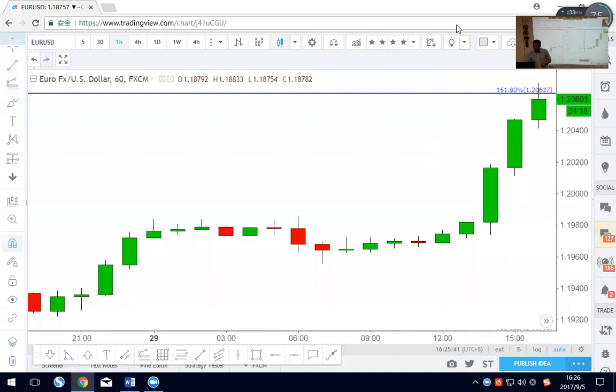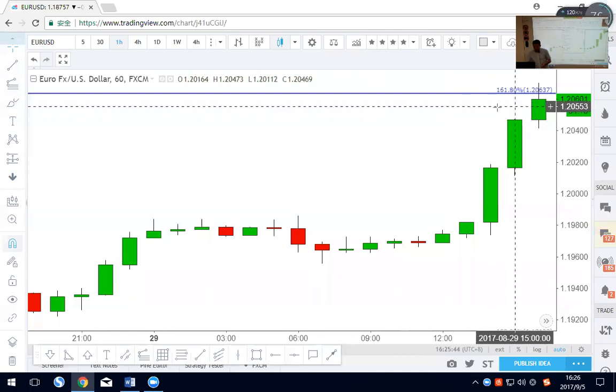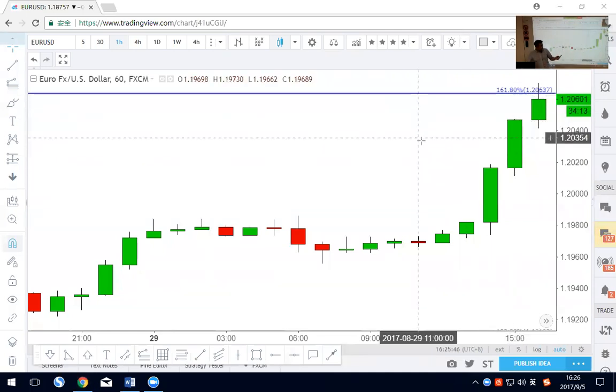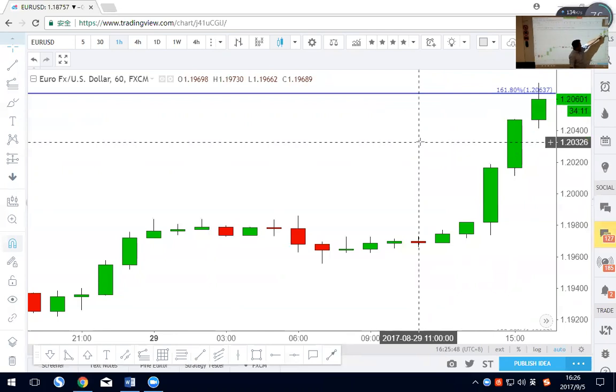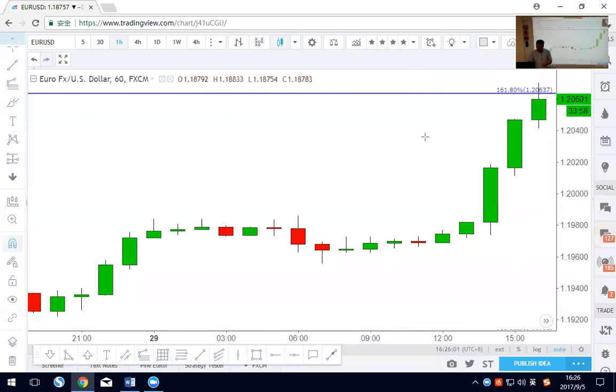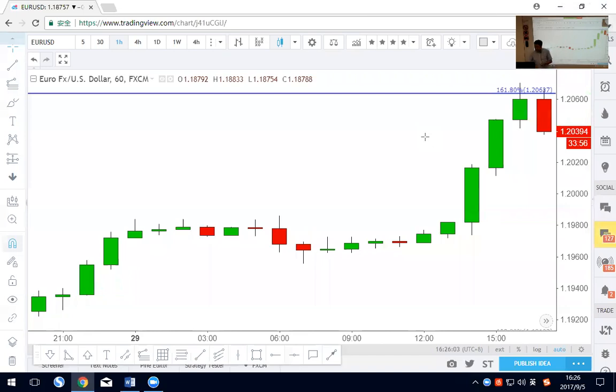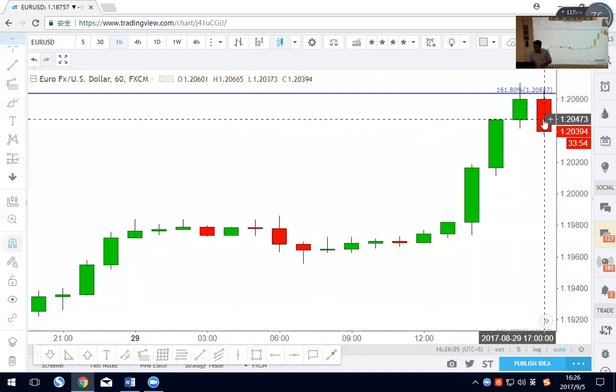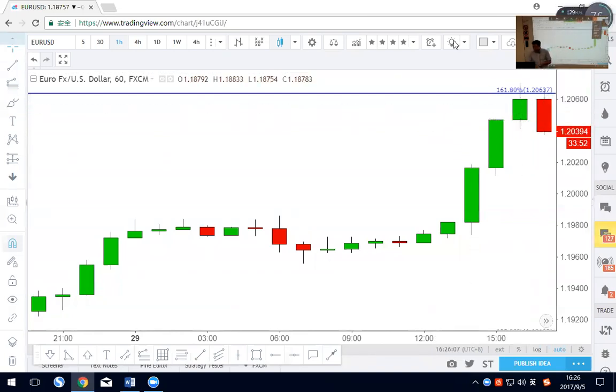Correct, David, you're right. So we see a candle test this price, but this candle is still a bullish candle, and the pin is not long enough. So this is not a bearish price action. We have to wait for one more candle. How about this one? Can you see that? Yes, the next candle, that is good, right?